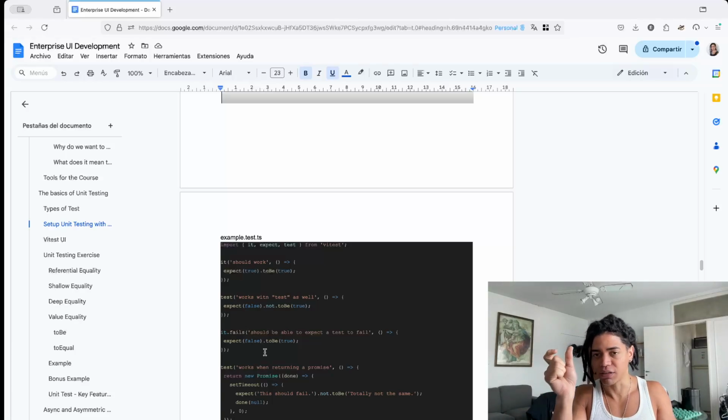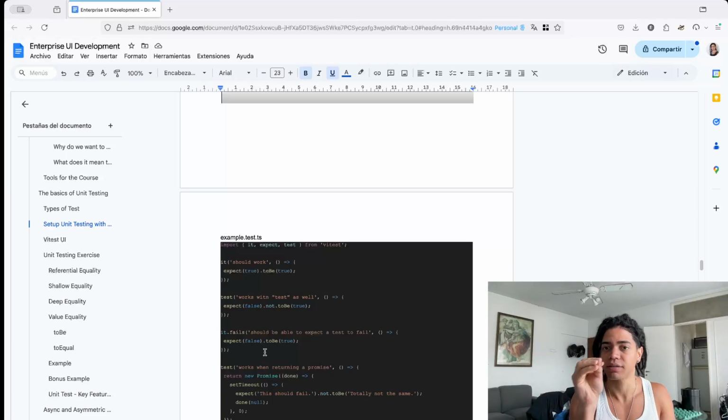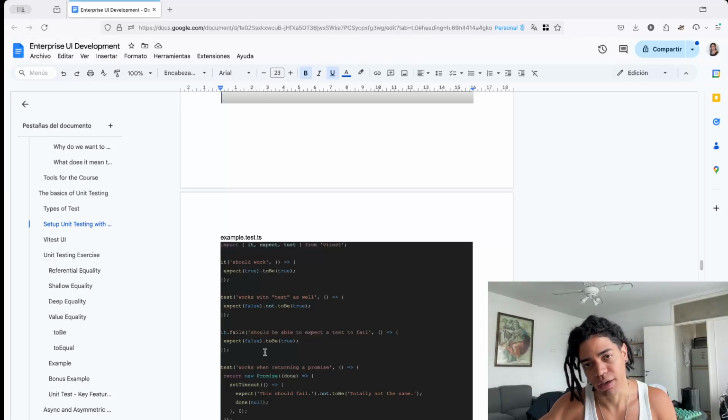A way to check if a subset of properties is actually on this object that we're returning, right?